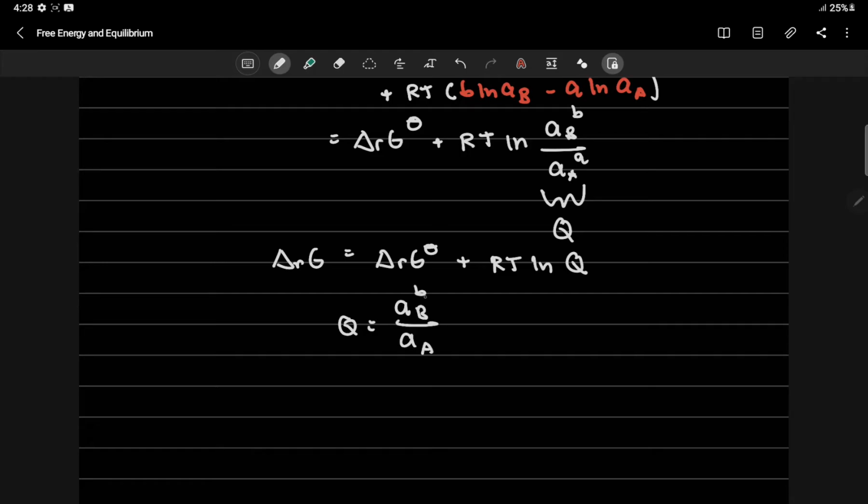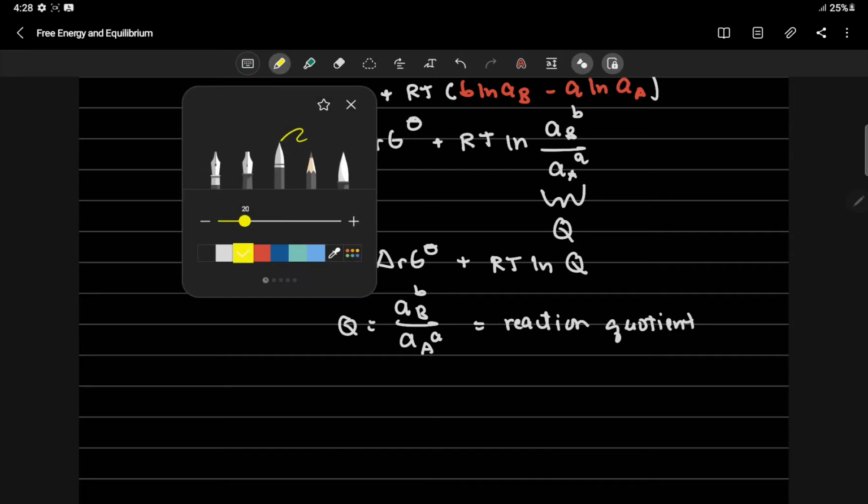Each is raised to the coefficient, and we call this reaction quotient. So this is now how you would calculate the change in free energy.